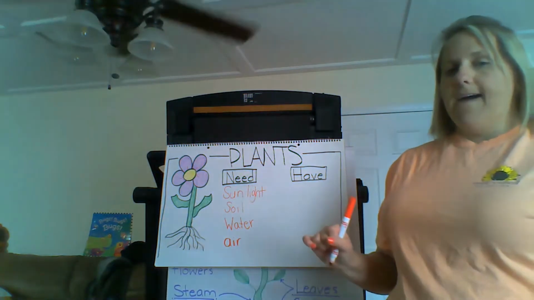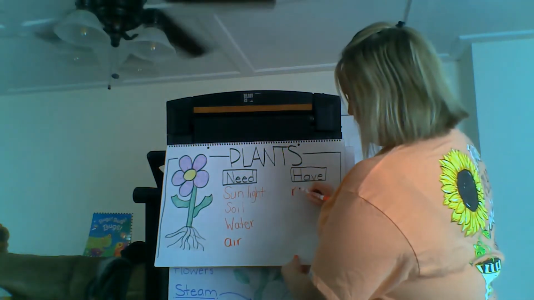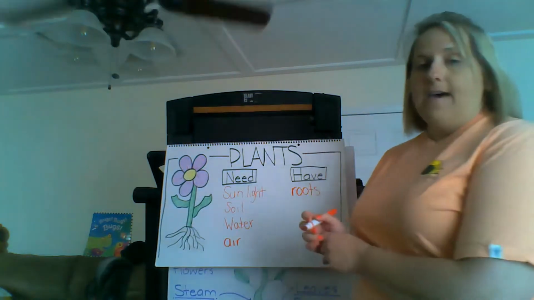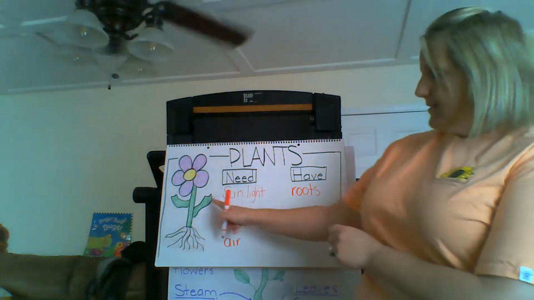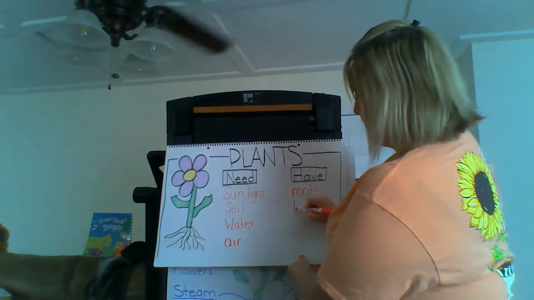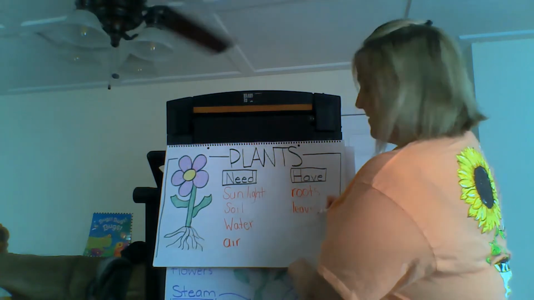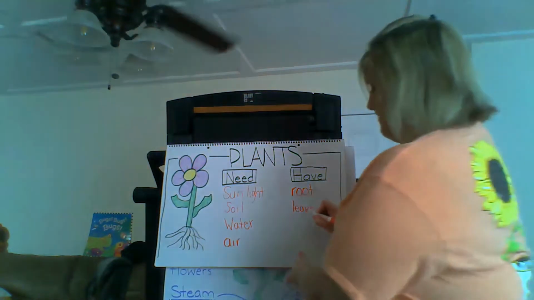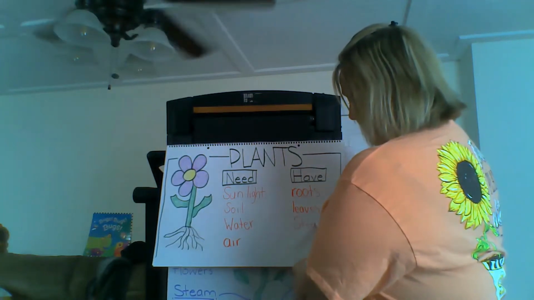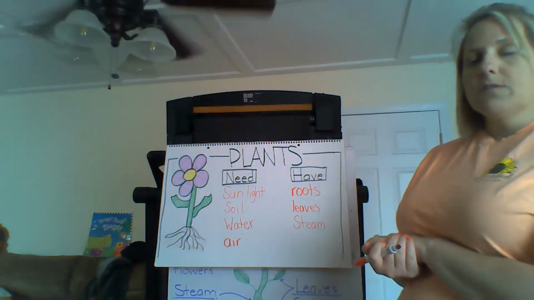So what do plants have? Plants have roots. What else do they have? What are these called? You're right, they're leaves. So they have roots, they have leaves. They have a stem. I love how y'all are using your thinking caps and you're putting your brains to work this morning.